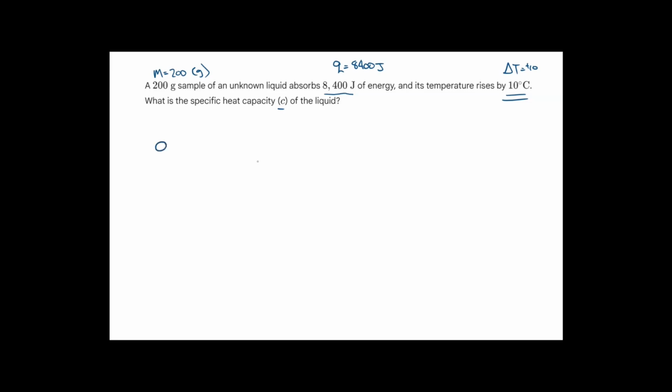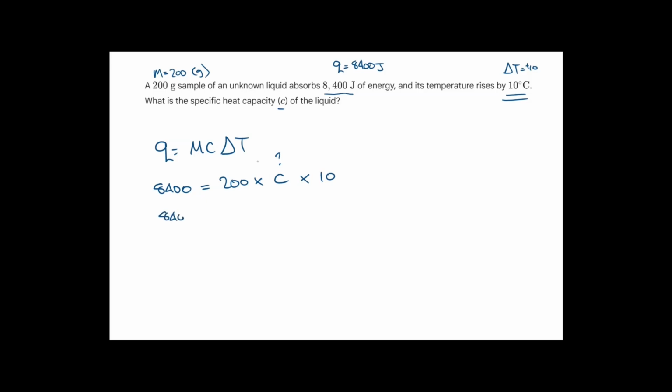Okay, so Q equals mc change in temperature, and now it's an algebra question. So we know that Q is 8,400. It's going to be equal to 200 grams, and it's all in the same units, times the specific heat capacity, which we don't know but we're trying to find, times the change in temperature, which is 10.